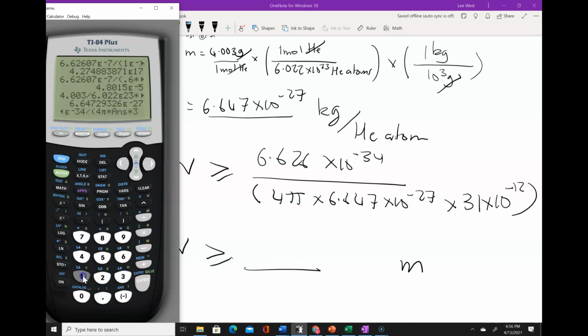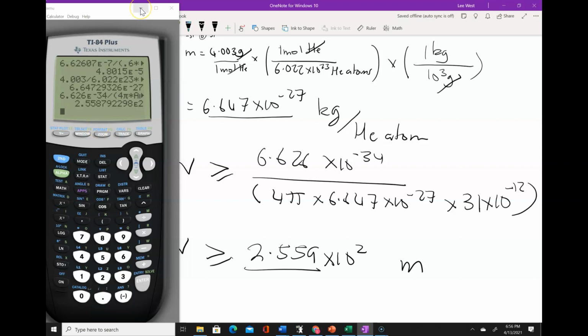Times 31 by 10 to the minus 12, and put all of that into parentheses. So there we go. Wow, that sounds really big. Is this right? Okay. 2.559 by 10 to the 2 meters.